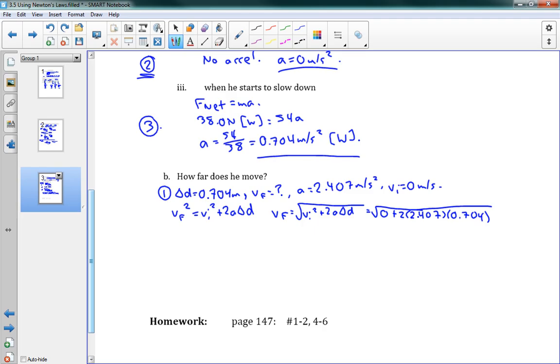And that gives us, for Vf, 1.841 meters per second. Good.